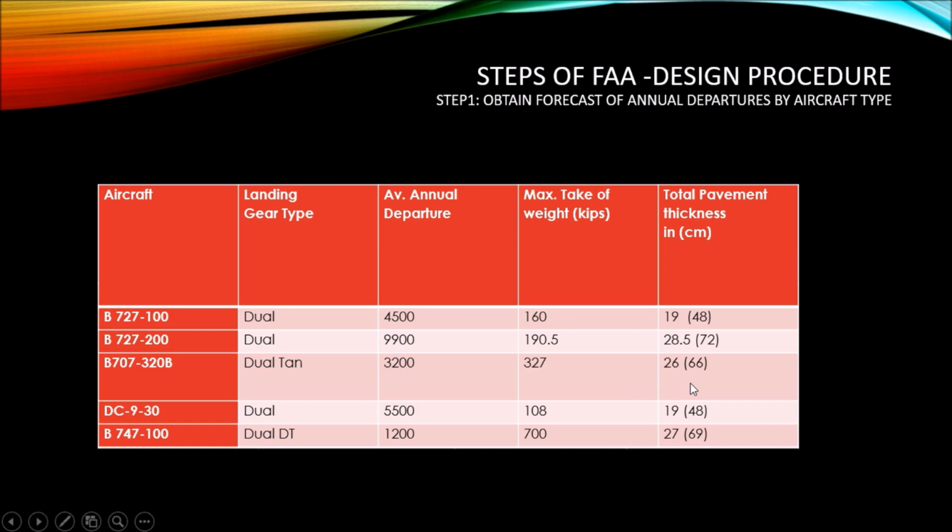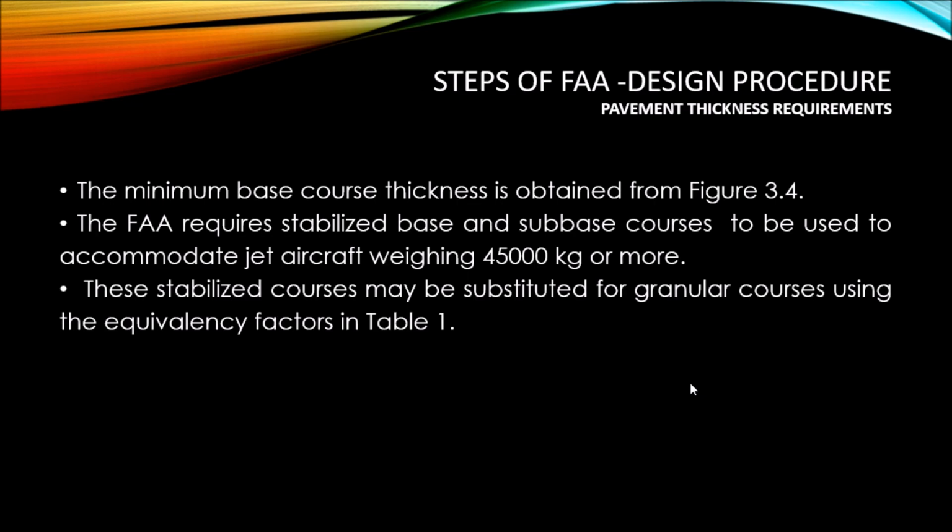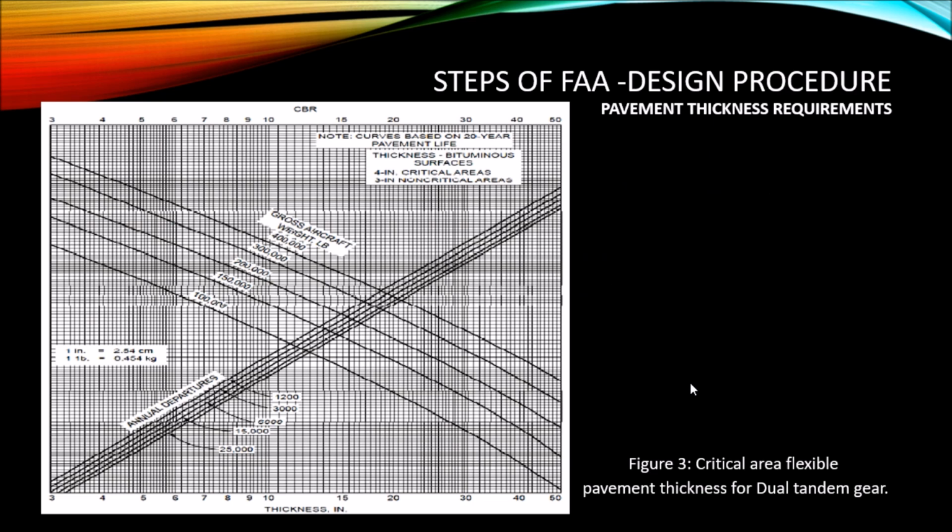We'll go back to the graph and read down here. 327 should be slightly below 400,000 and slightly above 300,000. So we read it down here and then move down from here.